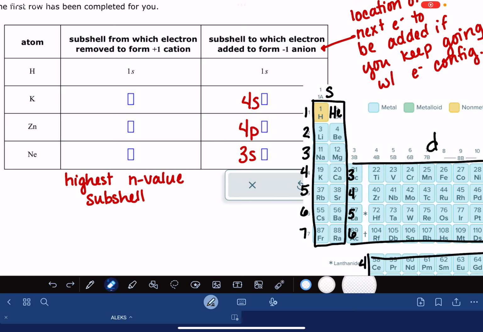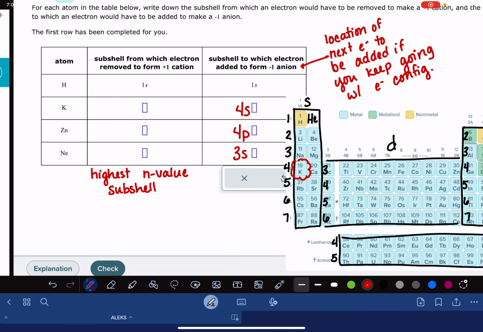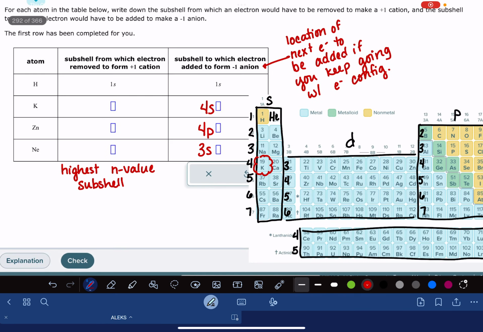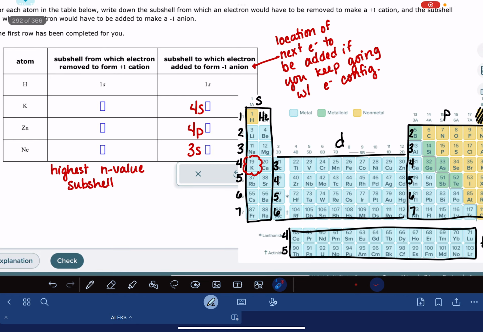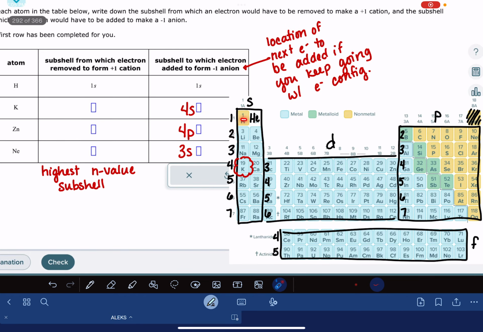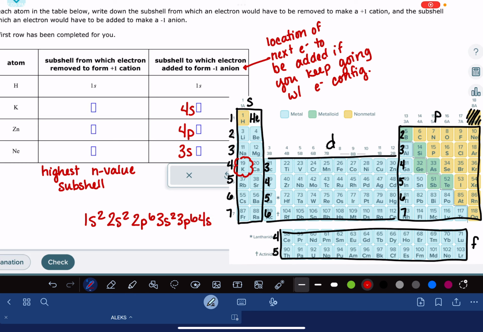Okay, so for potassium, again, we want to go back to the location of potassium on the periodic table, and this time we really need to think a lot about potassium's electron configuration, and maybe even write it down. We have 1s2, and then we have 2s2, and also 2p6, and then we have 3s2, 3p6, and then we have 4s1.